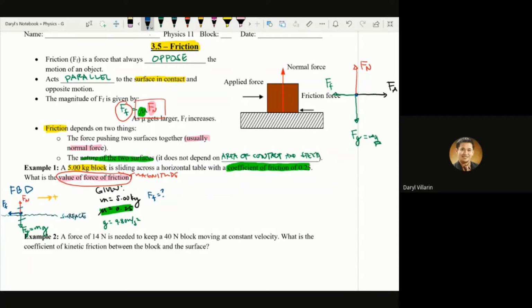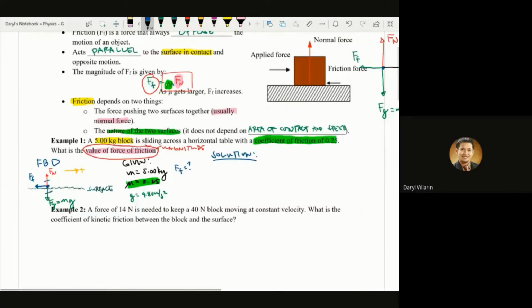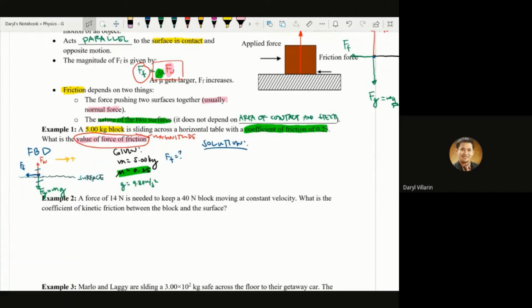So in our solution, we always start with the equation that we want to use. We're talking about friction force, so I'm going to use the expression for the friction. It's given by mu times the normal force, Fn. Mu is directly given in the question.